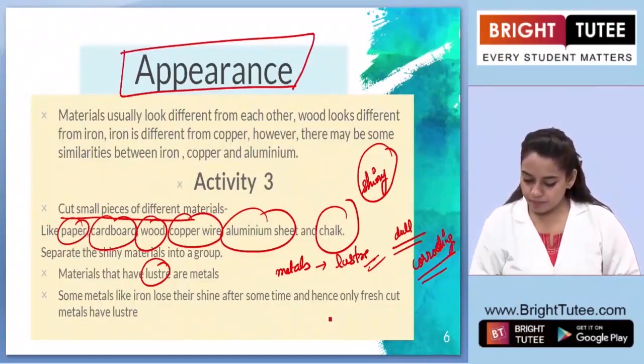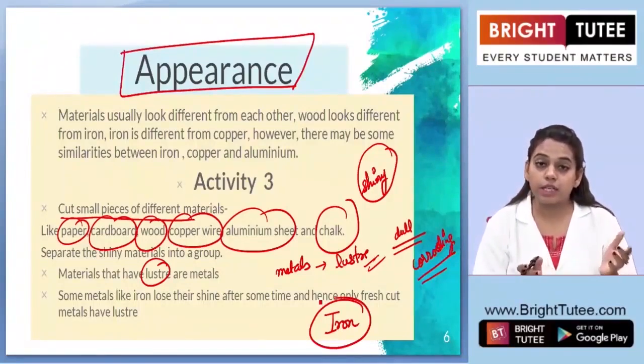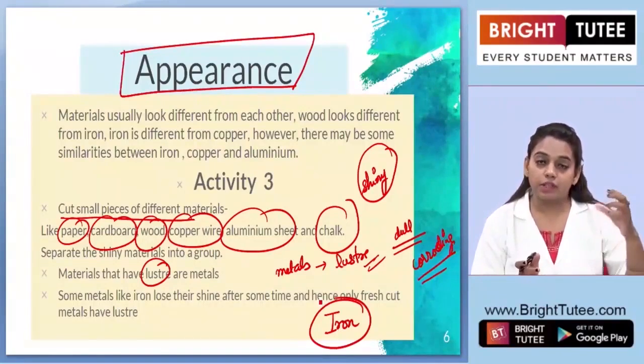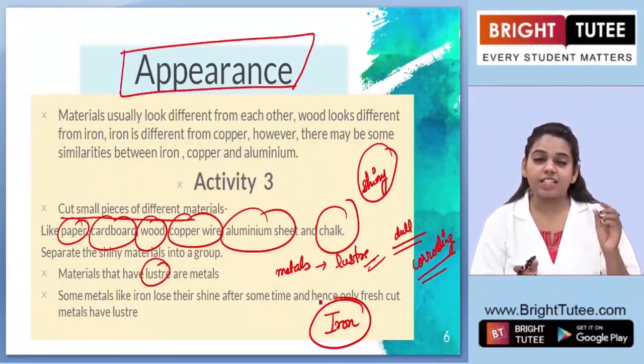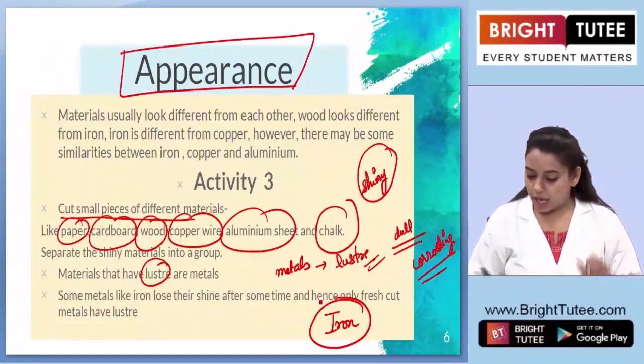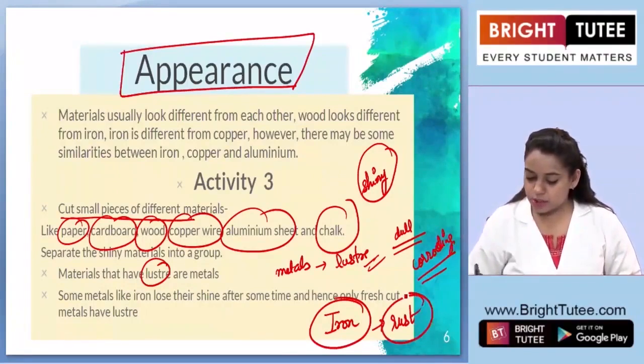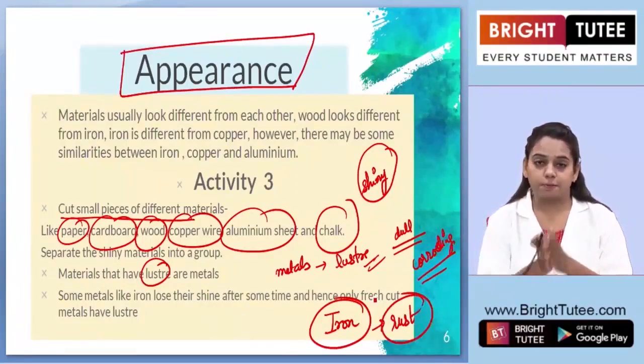For example, iron. The most common example you might have observed is in your coolers: after some time the outer layer develops a powdery, flaky, reddish brown substance. This reddish brown substance is rust, and this process is known as rusting of iron.